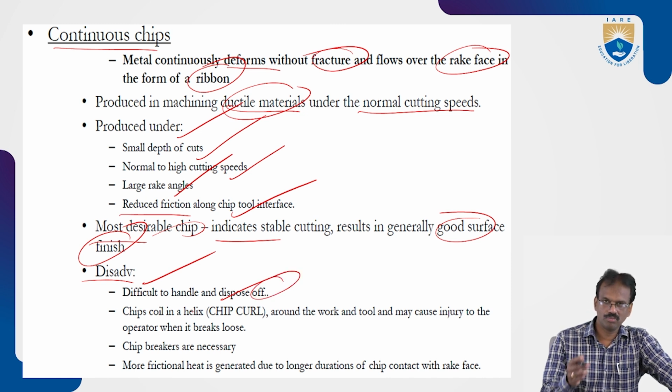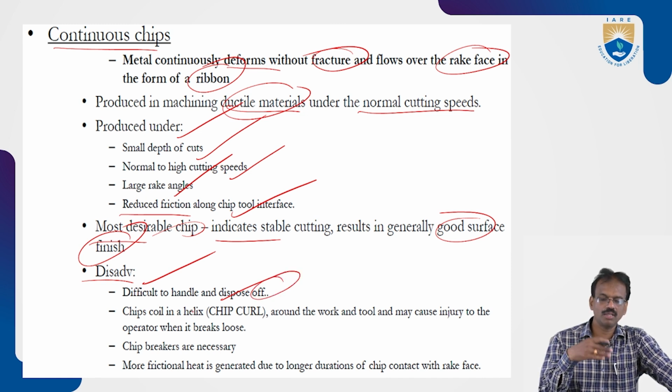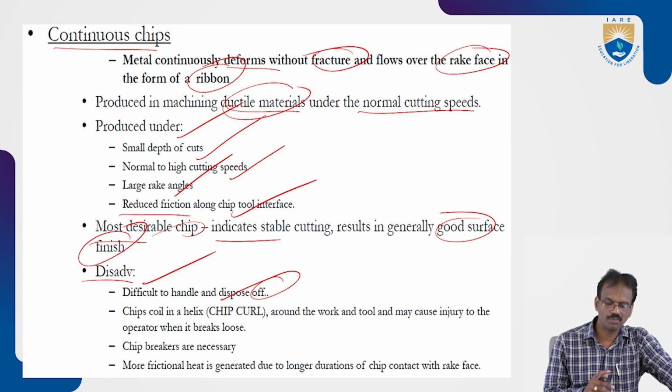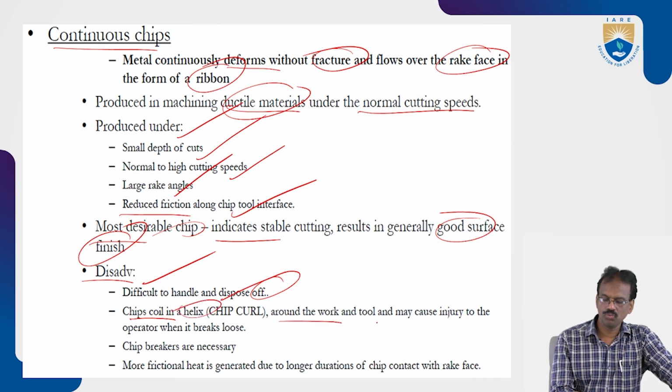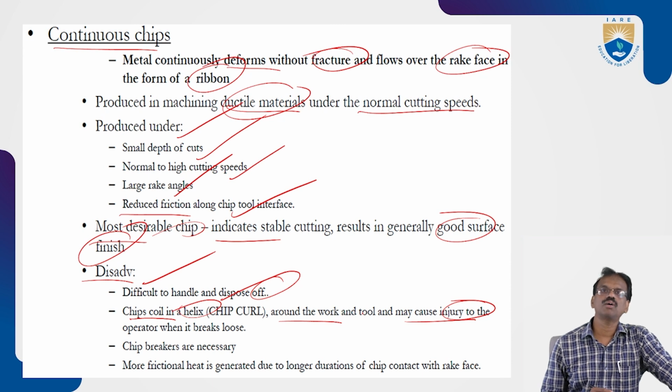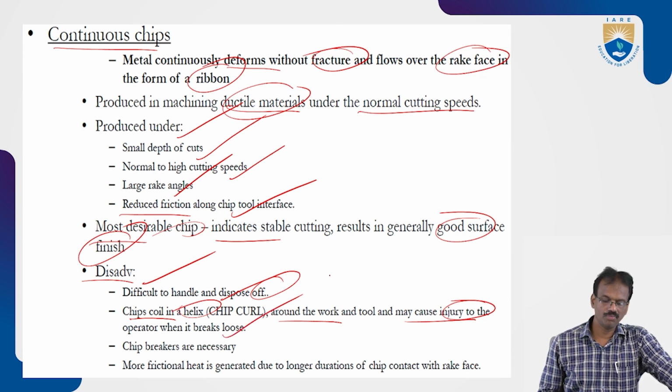Because continuous ribbon-type or curl-type chips are formed, they disturb the machining process of the operator and also the surface finishing. Next, chip coils in helix form around the work and tool, and may cause injury to the operator when it breaks loose. So that is the main disadvantage.